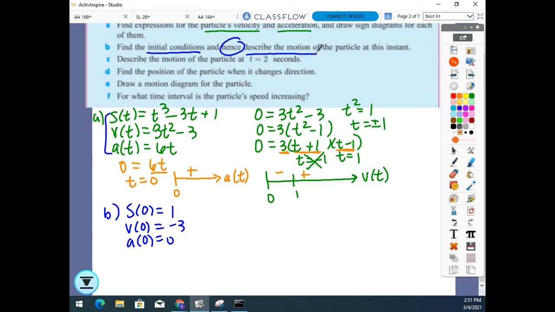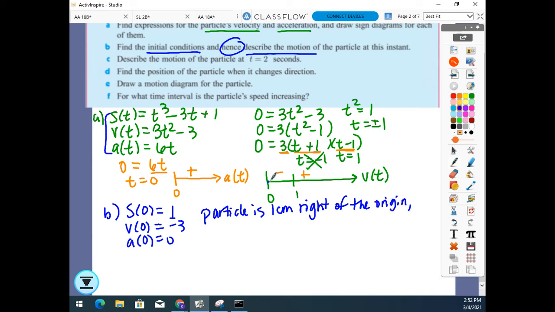Okay, so the position is positive. So the particle is, what's our label? Centimeters? Yep. Is 1 centimeter right of the origin.